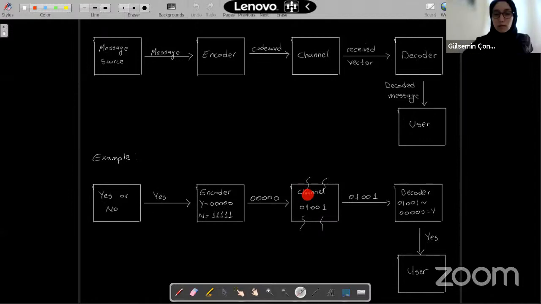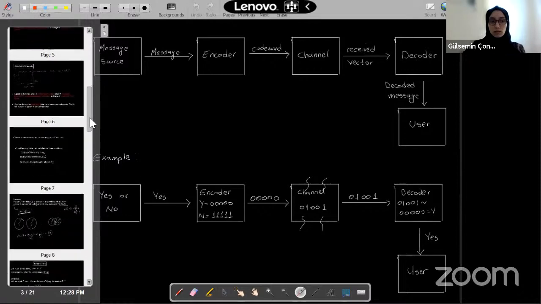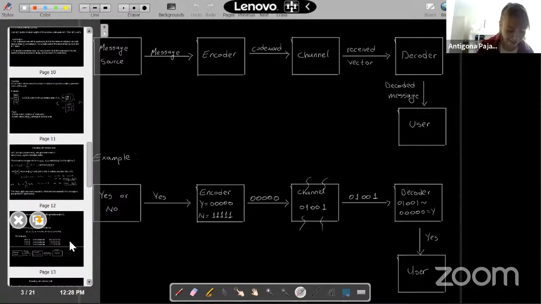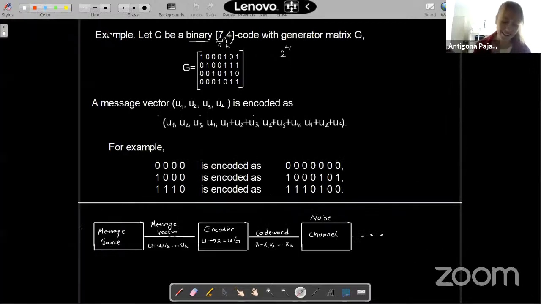In the example, we have a message vector, right? Yes, but I don't know how to explain this because the computer does it. You just give it to the computer, and then you decide on the alphabet of the code, the finite field, and then it just goes on. Okay, thank you.